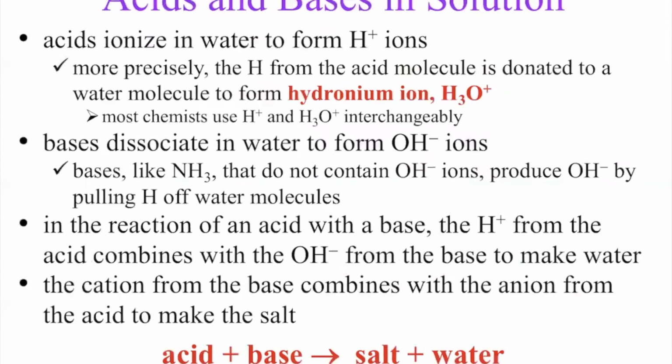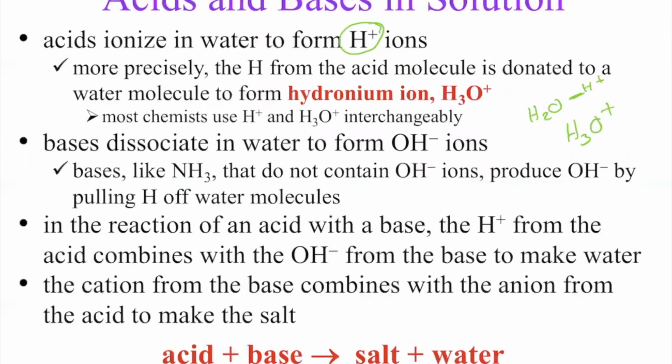An acid ionizes in water, and it's going to generate this H+. But because in that solution we always have water, the H+ is going to get together with that water and form hydronium ion.